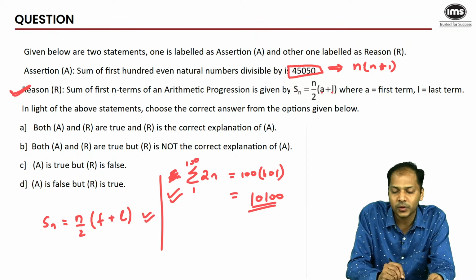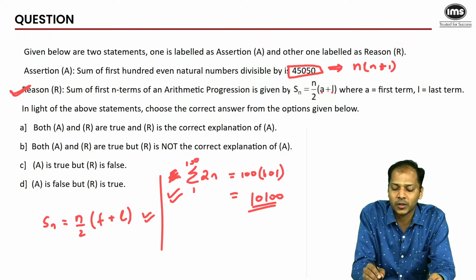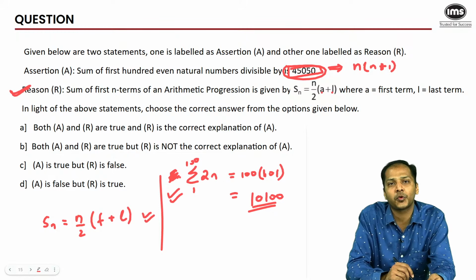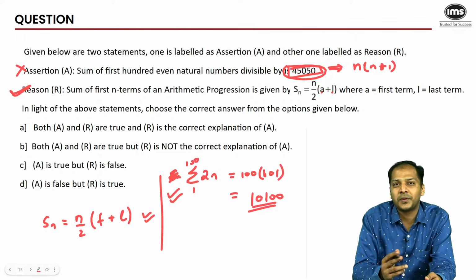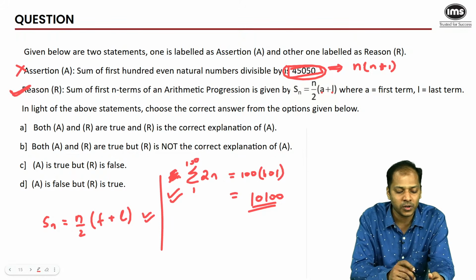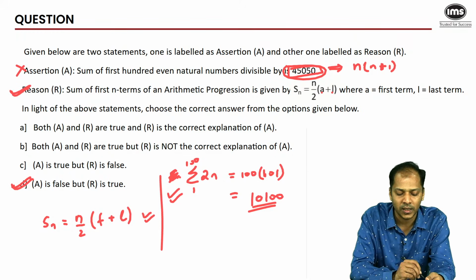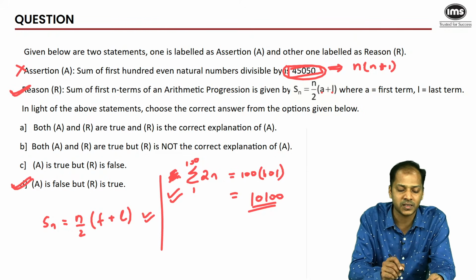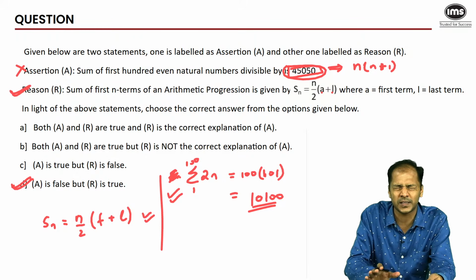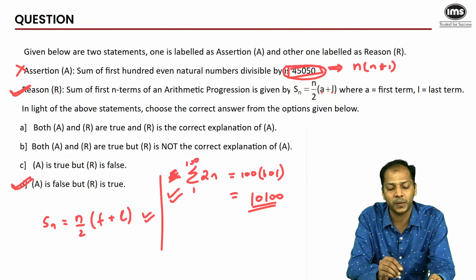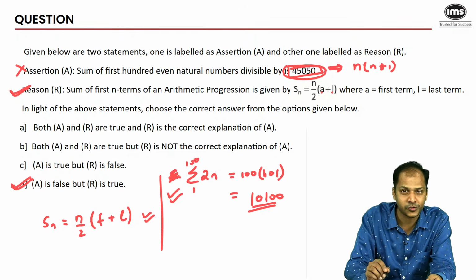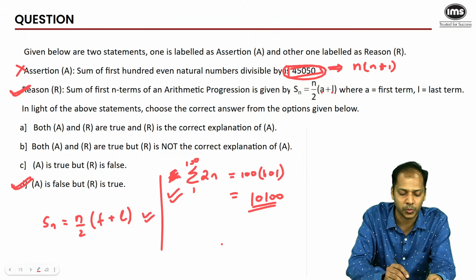So this would be the value, whereas in the assertion the number given was 45050. Clearly the assertion is incorrect and the reason is correct. We didn't have to worry whether it is the right reason or not. The answer is option D. Assertion is false, but the reason R, the statement R, is true. It may not be the right reason, but the statement is true, right? So therefore the answer is option D.